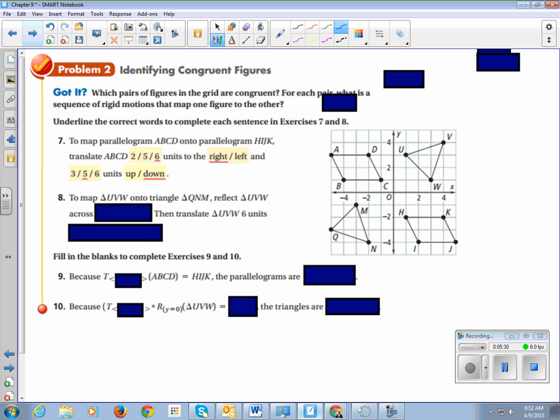And if you look, if I take this point B and I translate it to point I, I'm moving 6 units to the right and 5 units down.